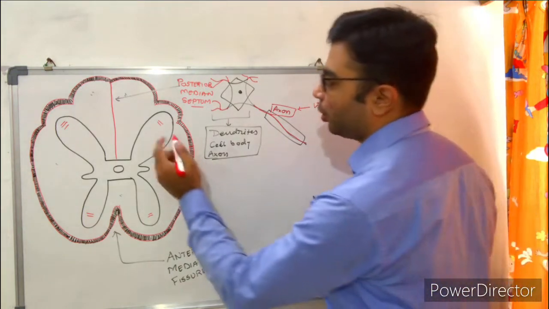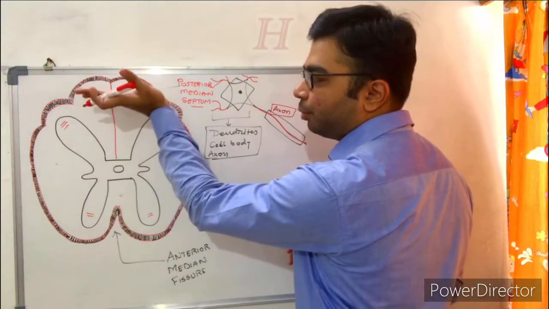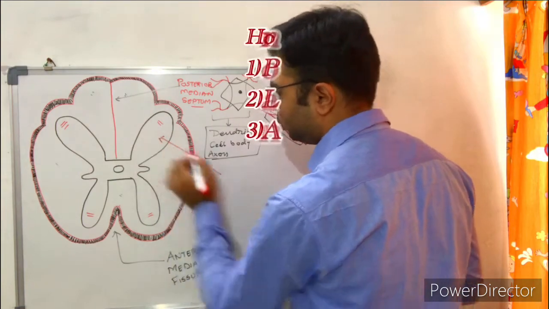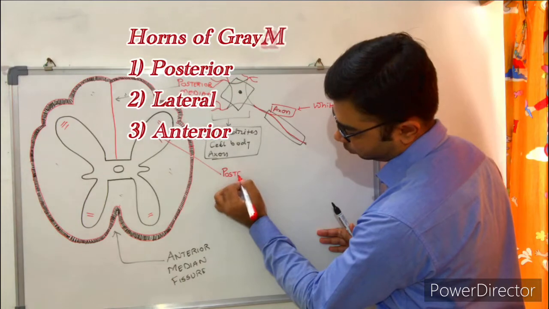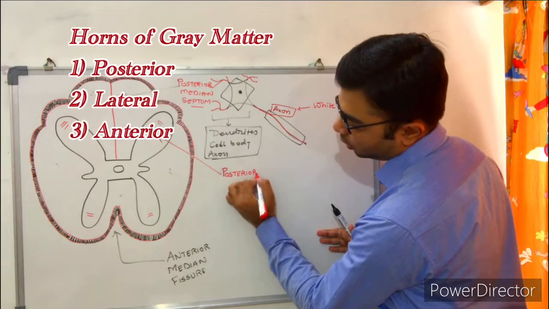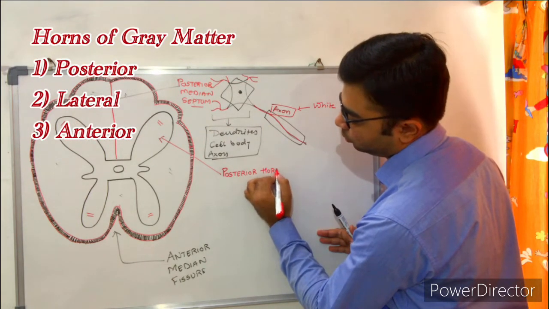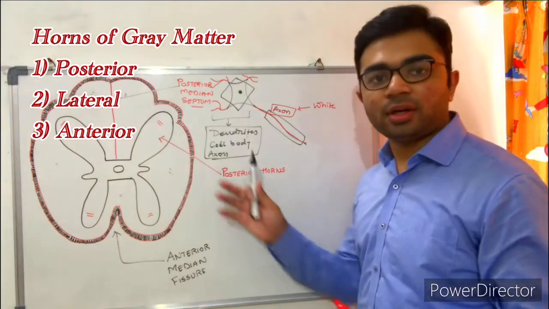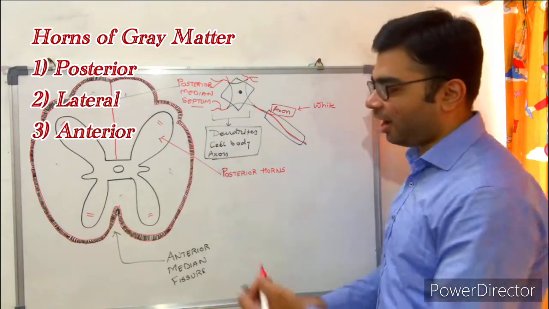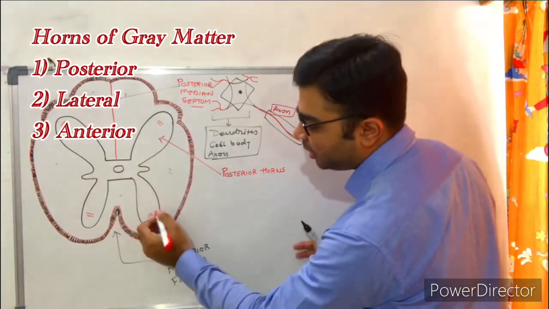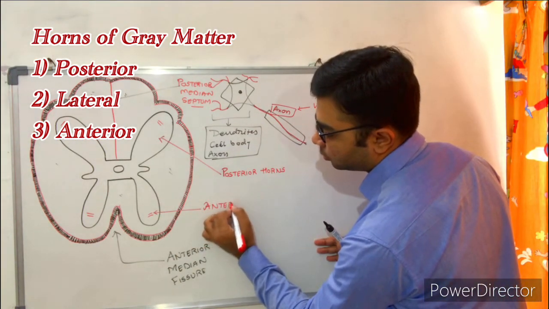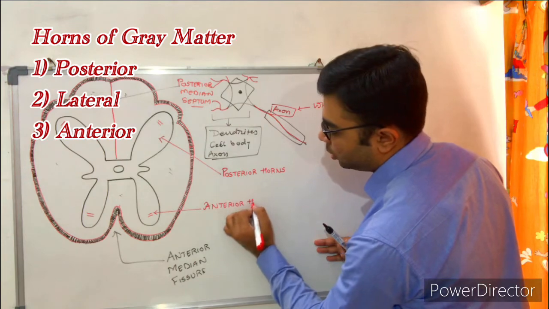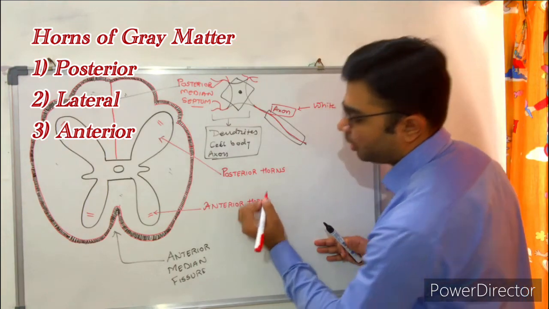These projections are known as horns of the gray matter. Let me write it over here: the horns which are projecting posteriorly are termed the posterior horn of gray matter, and the horns which are projecting anteriorly are the anterior horns of gray matter.